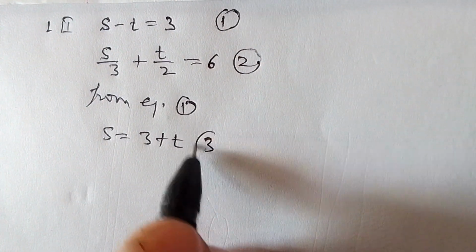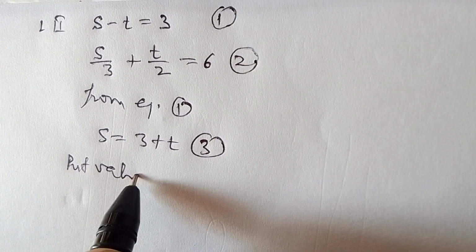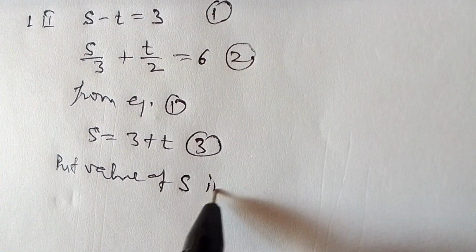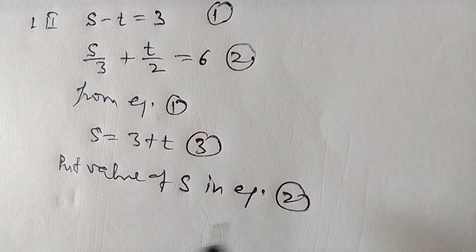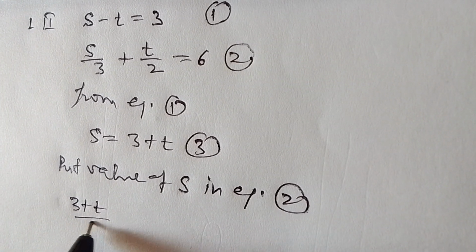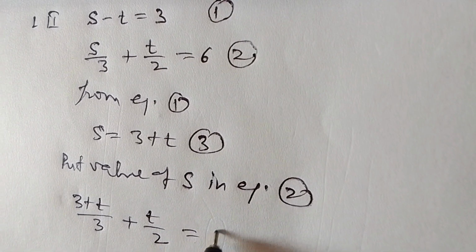This is equation 3. Now put the value of s in equation 2. We get (3 plus t) divided by 3 plus t divided by 2 is equal to 6.